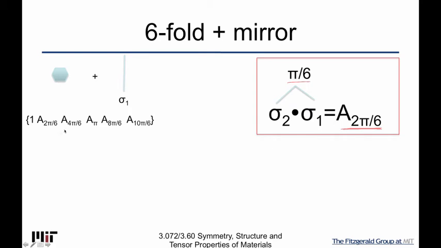Remember, this is from the previous lecture, where we have the identity element and a 2 pi over 6. You could have two of those rotations, 3, 4, 5, but the 6 is not there because you end up at the same point, which brings you back to the 1, right?